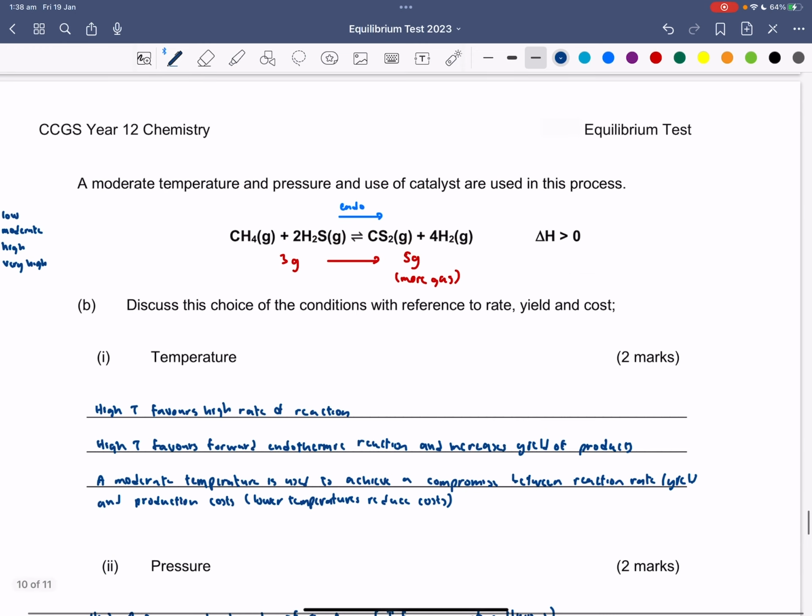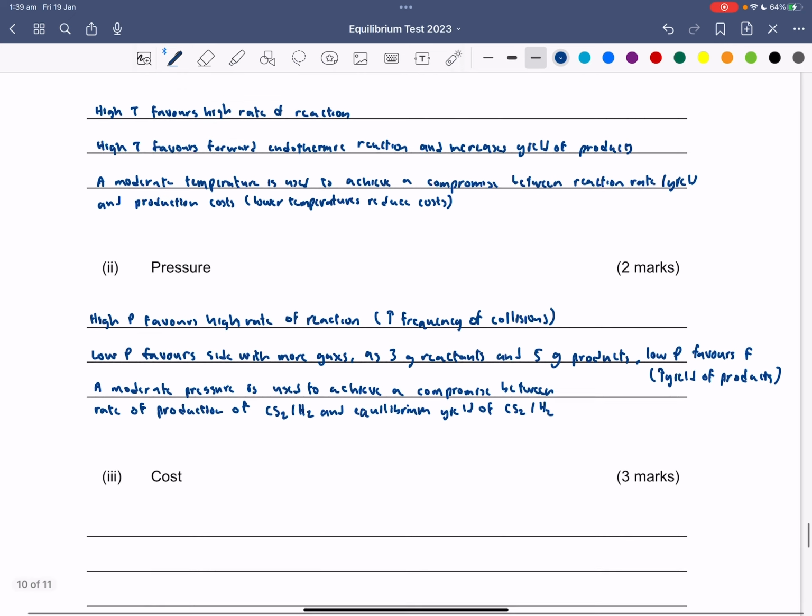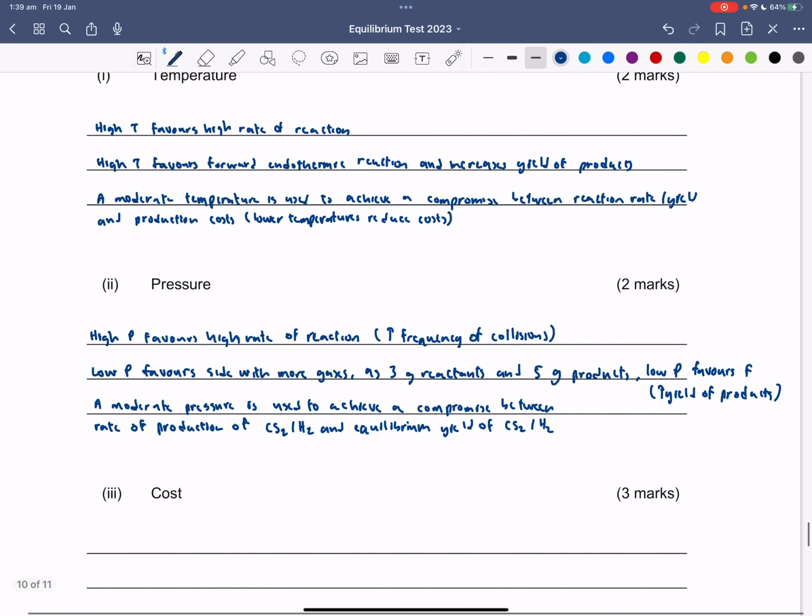Rate of production of CS2 and H2 and equilibrium yield of CS2 and H2. And you can explain that a moderate pressure also keeps operation costs lower.